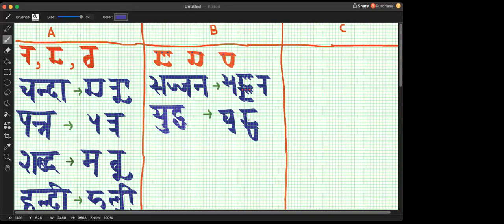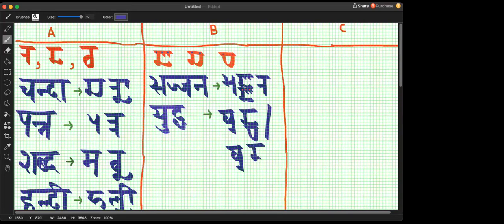When you're writing dha, it can also be written like this, or it can also be written like this.